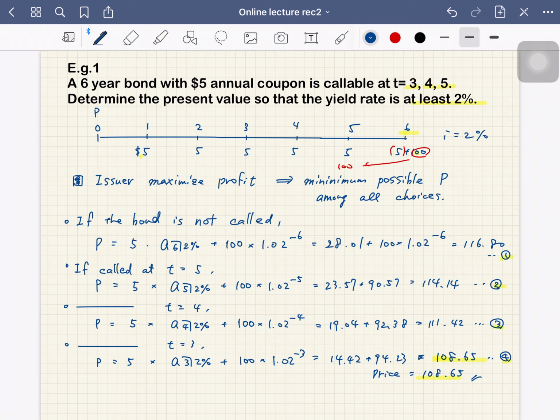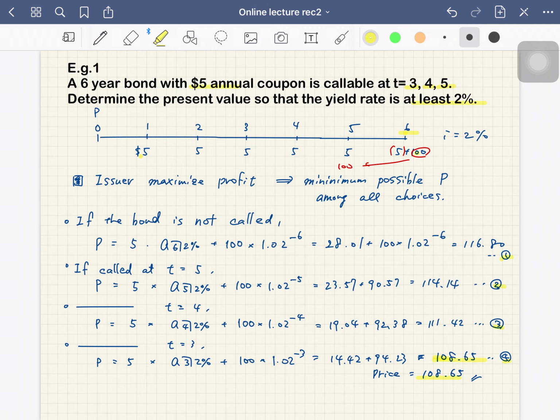Okay, so is it possible to interpret it more intuitively? So can you see when the bond is called more quickly? Then actually, yes. So yield rate is 2%, right? But the bond pays 5% coupon.